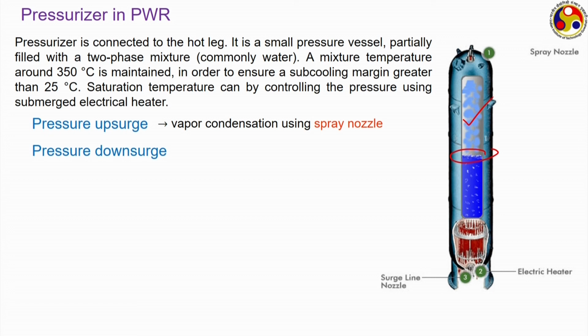I think I told something wrong, I would like to correct this once more. Whenever there is a pressure downsurge, there will be a reduction in the free surface level. So, the free surface, say, has come down here.